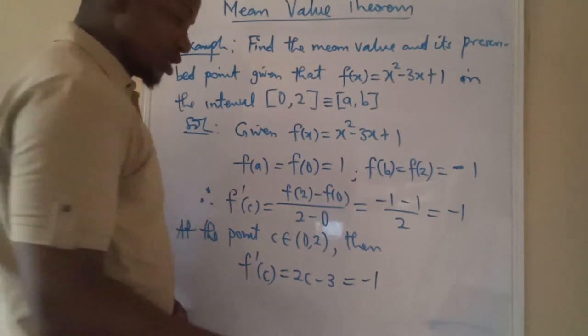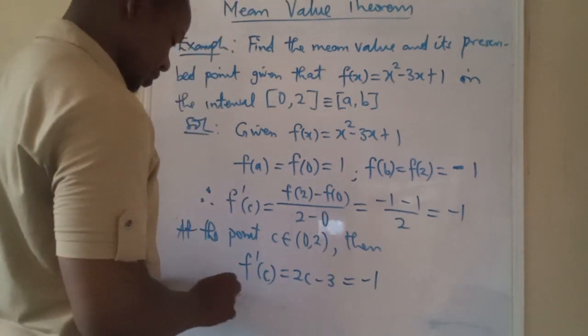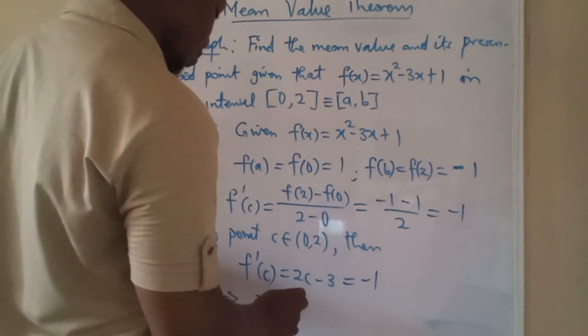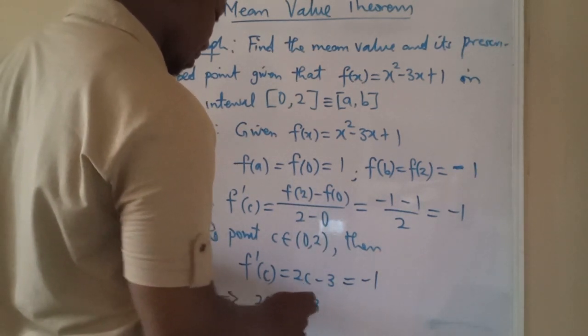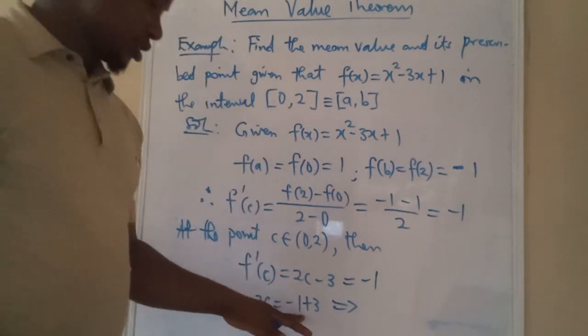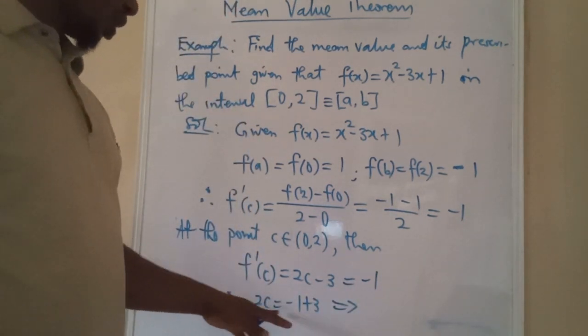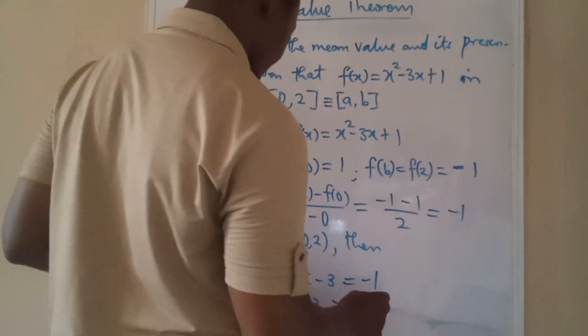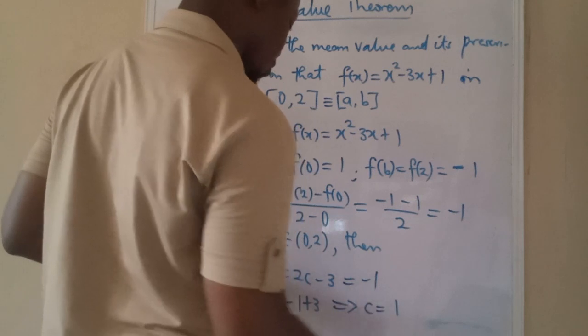So this implies that 2C will be equal to minus 1 plus 3, and 2C equal to 2, and this implies that C will equal 1.